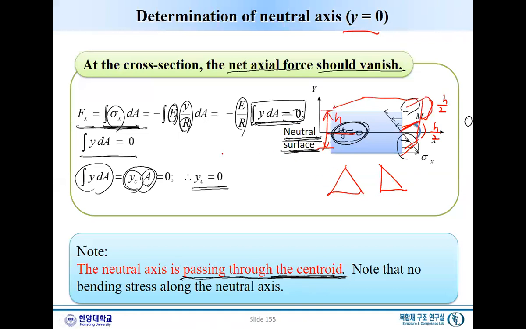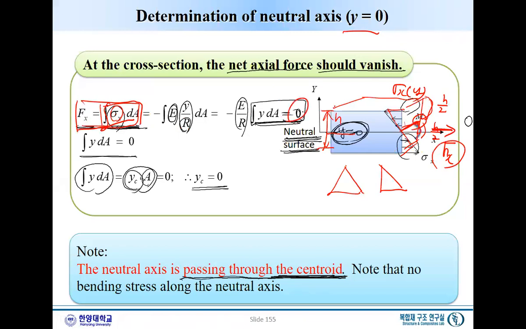For that purpose, a very important equilibrium is that, see, we do have this sigma x as a function of y, and this corresponds to a moment, right? But we do not have any Fx, because we do not apply any axial forces. We only apply this one, right? So this axial force Fx, by definition, the integral of sigma x dA, has to be what? 0.